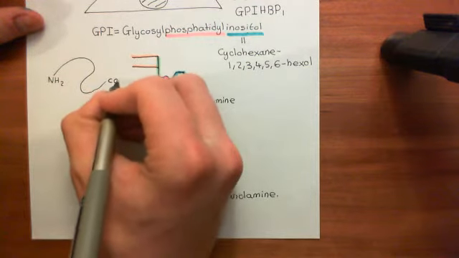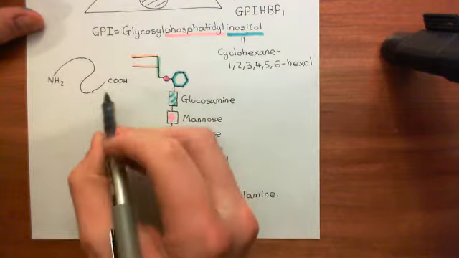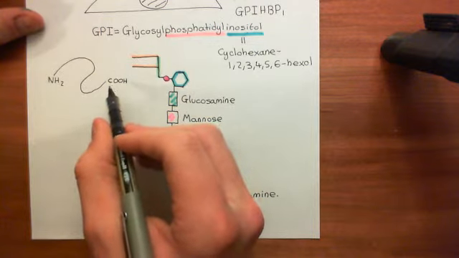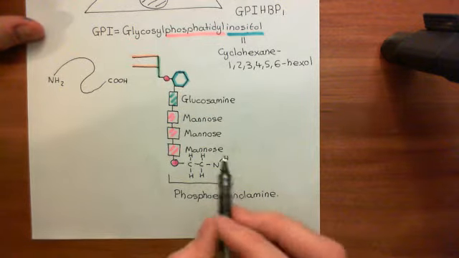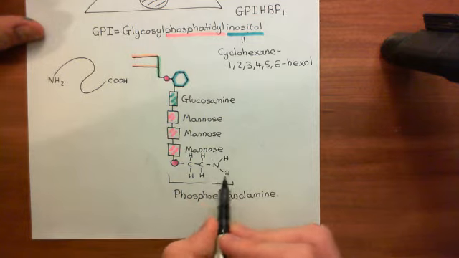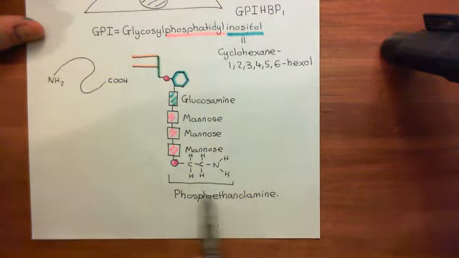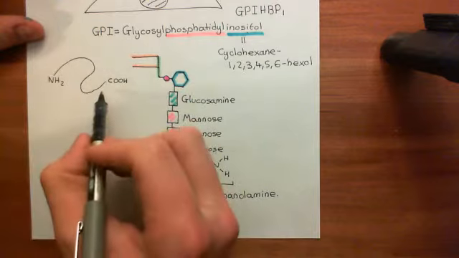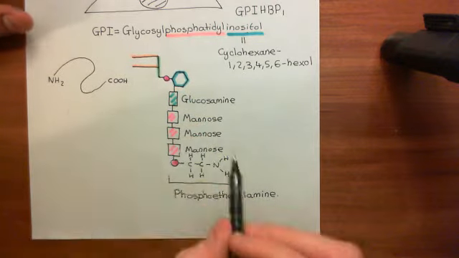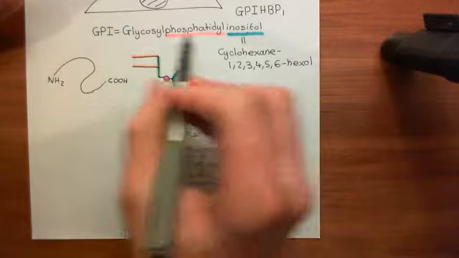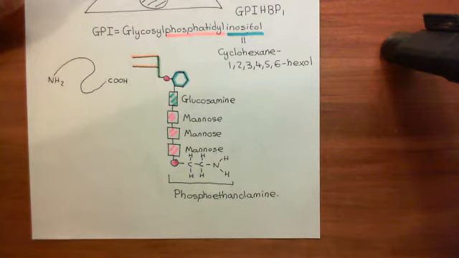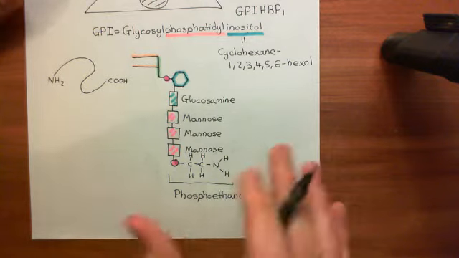And then you have a carboxylic acid terminus at the other end, which is where the final amino acid has no amino terminus of the next amino acid along to bind to. Basically, what you can do is bind this amino group of the glycosyl phosphatidyl inositol molecule to this carboxylic acid group at the terminal end of the polypeptide, okay, and that will latch this entire GPI group here onto your polypeptide. And that's a common lipid modification that can occur to proteins.